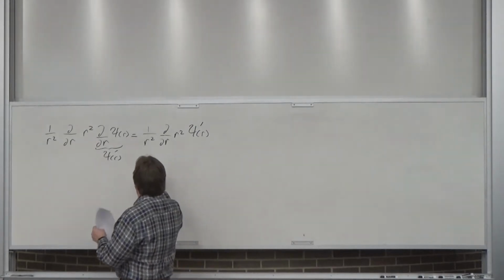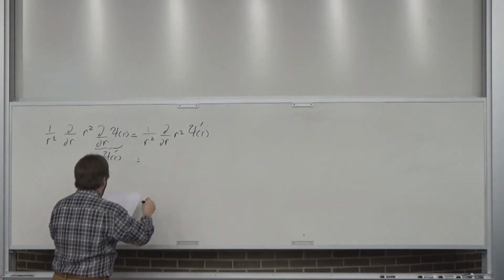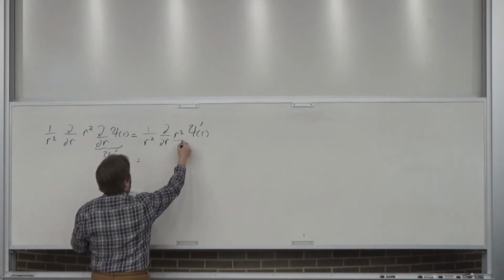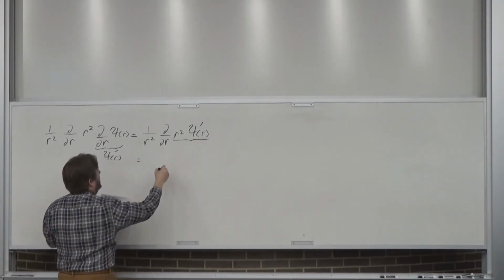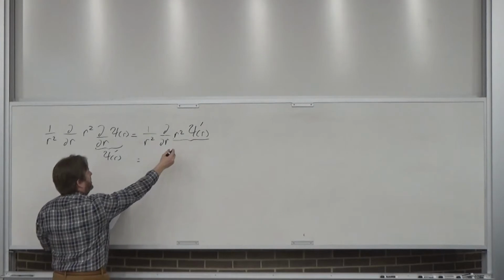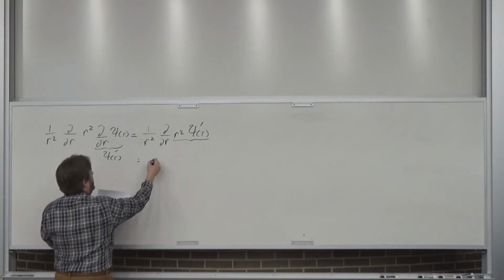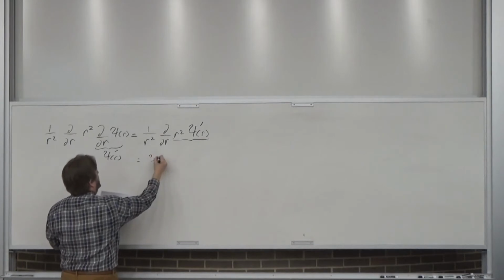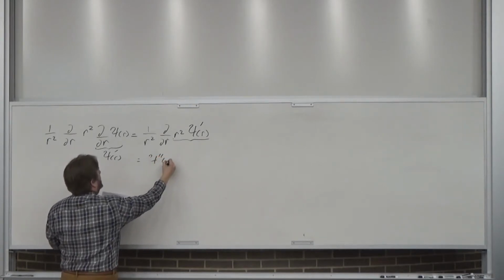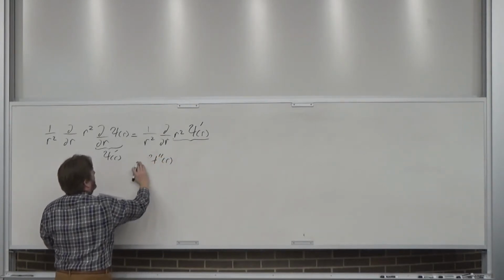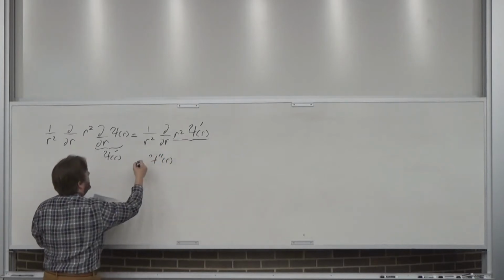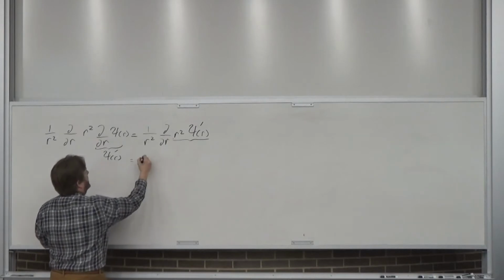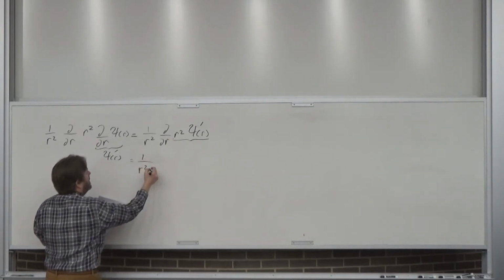Okay, now what? Well, now I've got myself a bit of a product rule, don't I? Let me do the wave function. Let's do the derivatives of the derivative, so that would be the double derivative. Let me use the same terminology. If I'm going to leave this one alone and do that one, that means I've got, sorry, I'm a bit of a mess, aren't I? 1 over r squared.